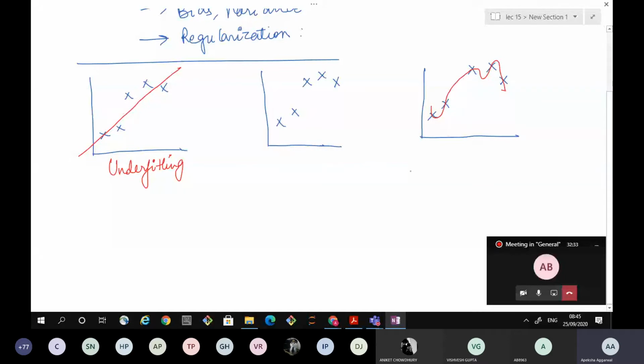Okay. So this is called overfitting. If my model is fitting all the points exactly, this is called overfitting. And a good fit for this model would be if I am fitting a line like this. So this is called a good fit.